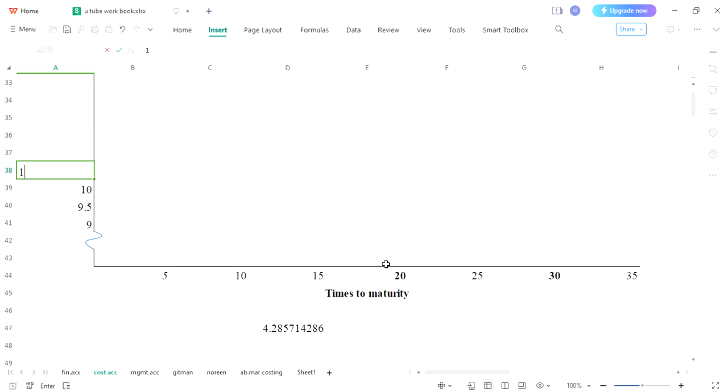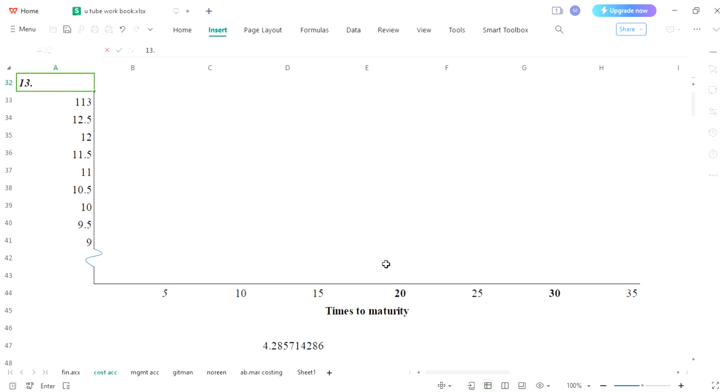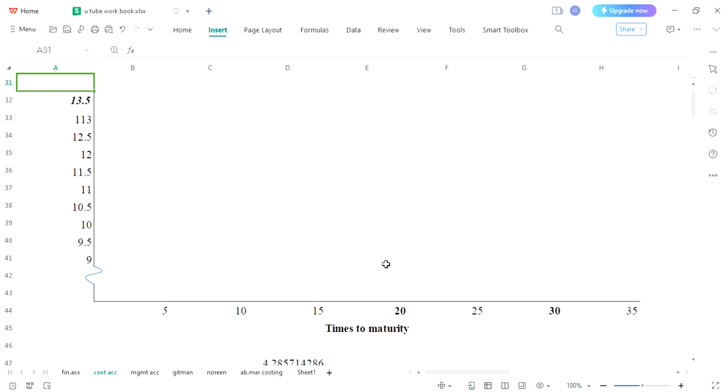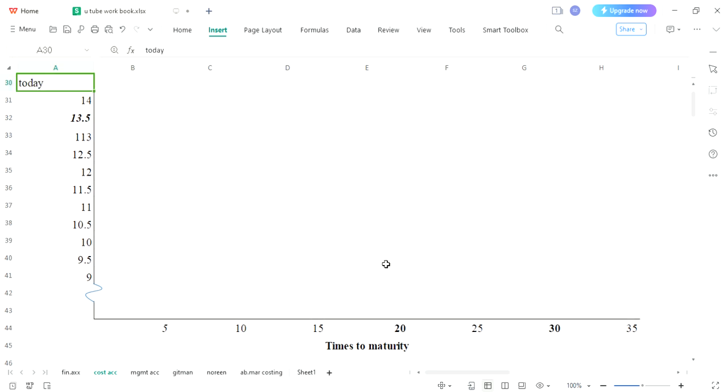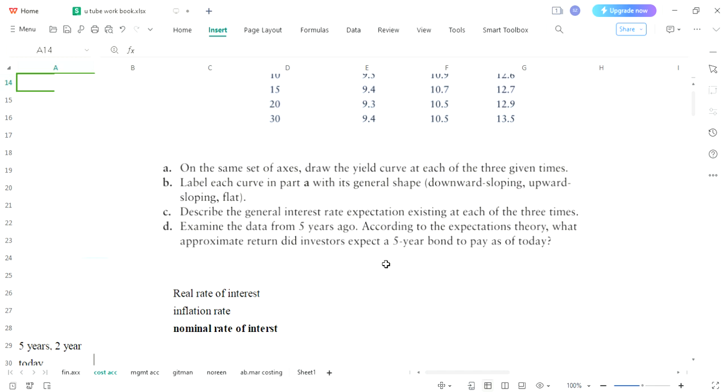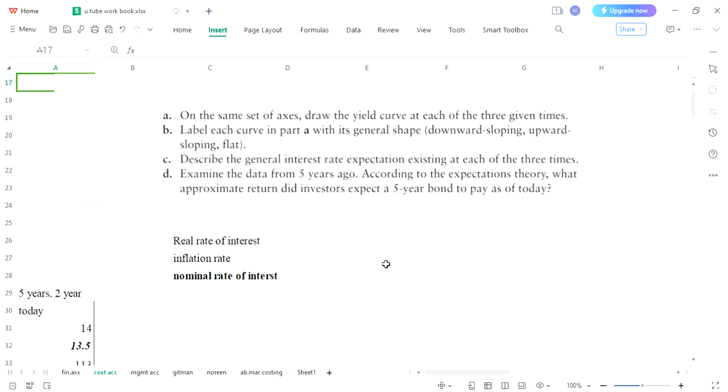10, then 10.5, then 11 and 11.5, 12 and 12.5, then we have 13 and 13.5. Next is 14, and the maximum amount which we need is 14.6, so 14.5 is also needed.